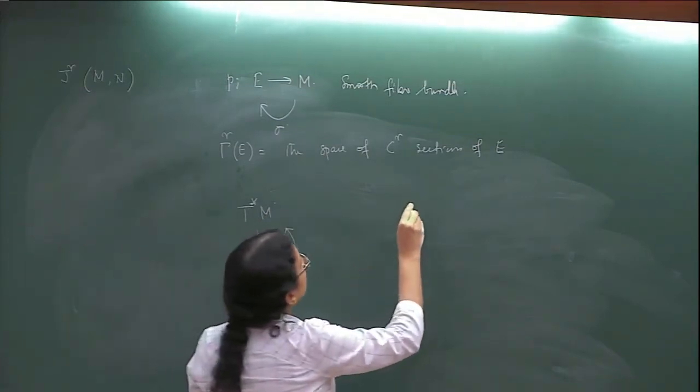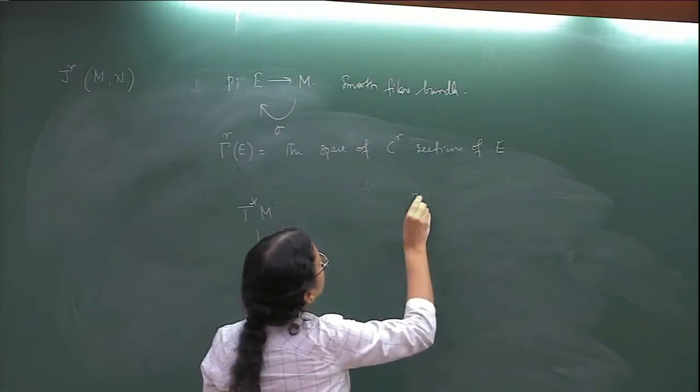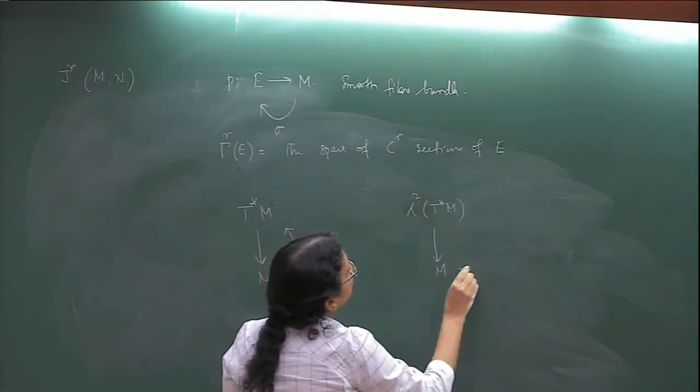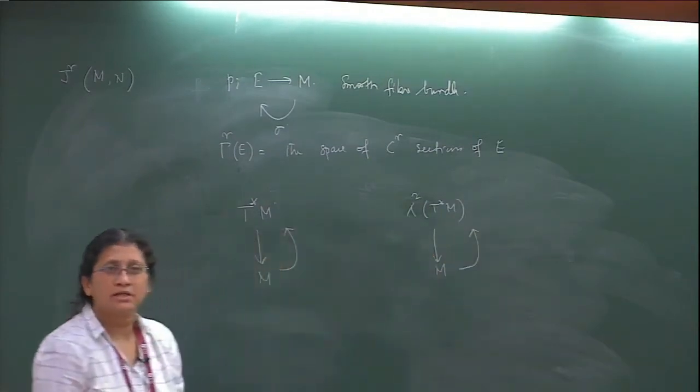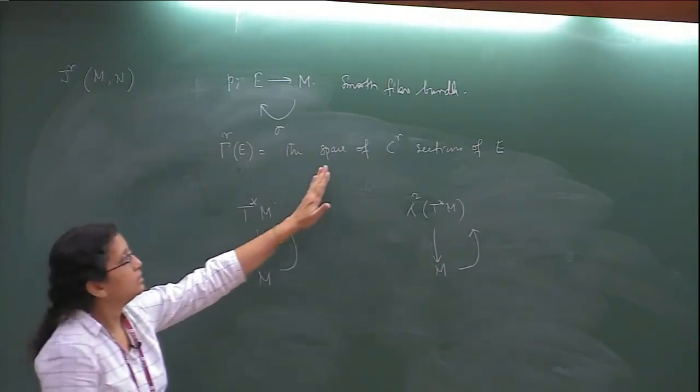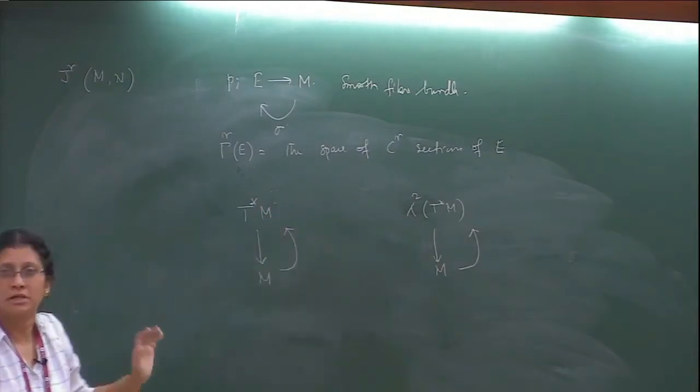Similarly, symplectic forms are two-forms, so they are sections of the second exterior bundle. So the application will be at the level of some smooth fibration as well.